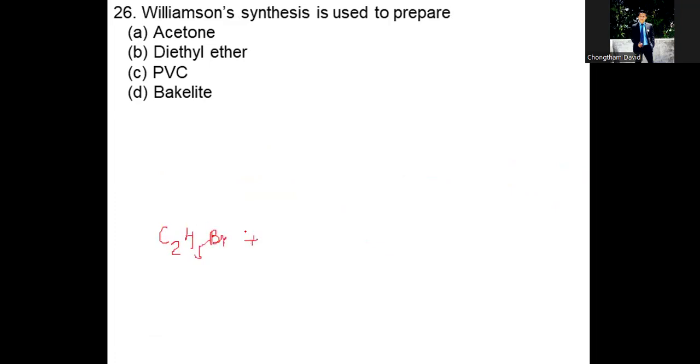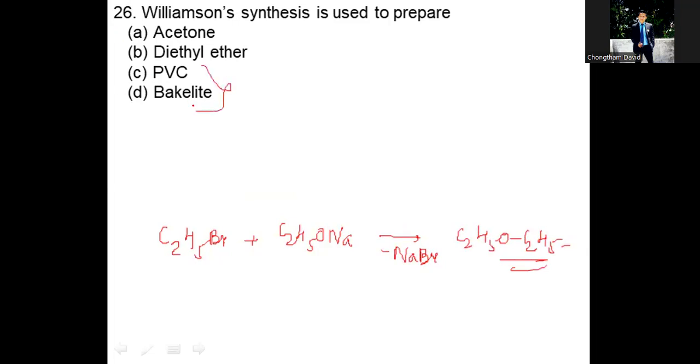C2H5Br, this is your ethyl bromide, on treatment with sodium ethoxide, sodium bromide is removed as a product and diethyl ether will be formed. This is your Williamson synthesis. It is not PVC, it is not bakelite. These are all out of the box. They are from polymers. It is not acetone. The answer will be 26B.